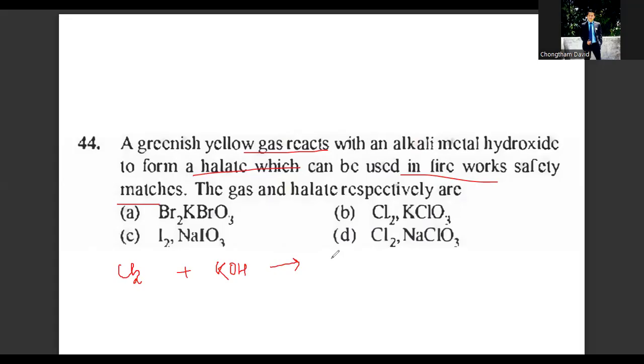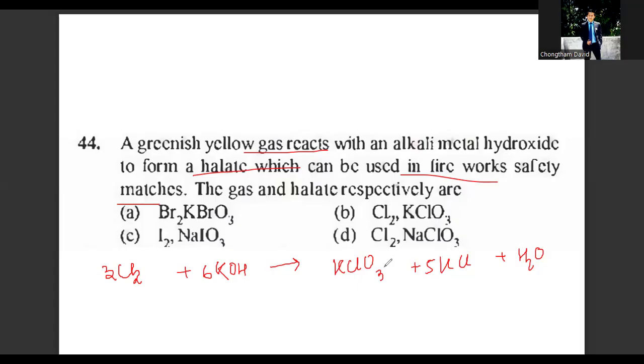When this reacts with a metal hydroxide, probably potassium hydroxide, it gives potassium chloride, potassium chlorate, with water molecule. You can do the balancing of the stoichiometric coefficients here. If I write 3, I'm going to put here 5, 6. Now here 6 to match with this potassium.